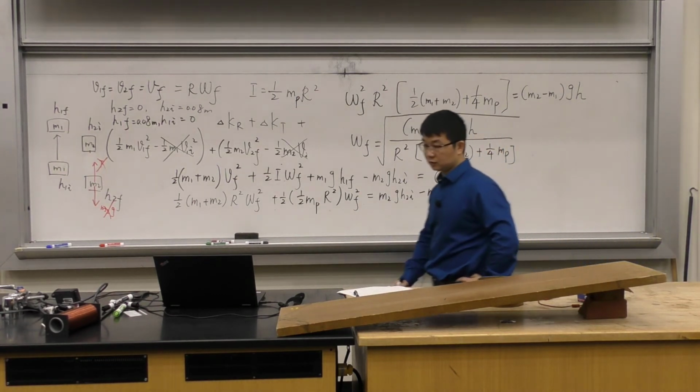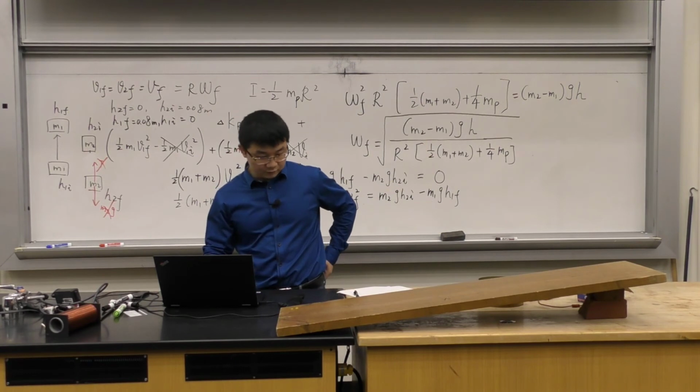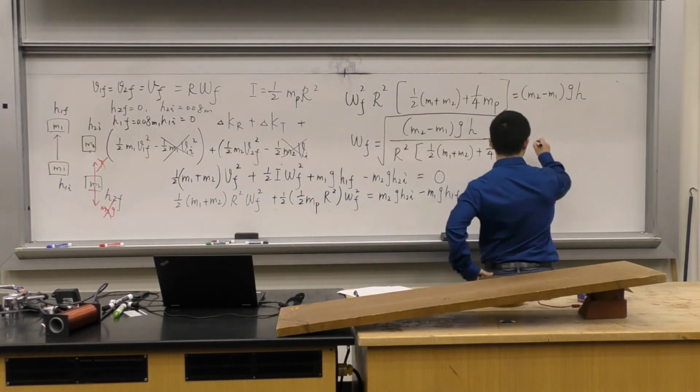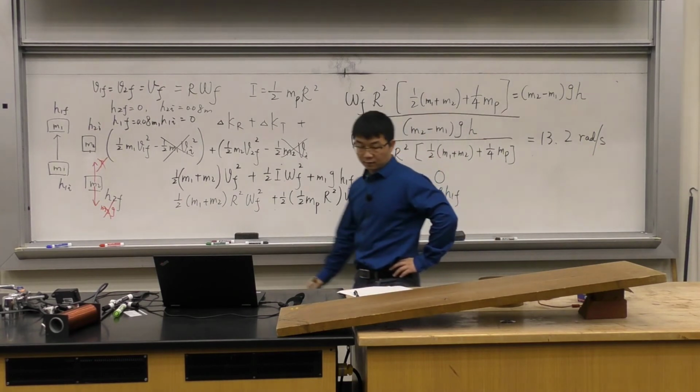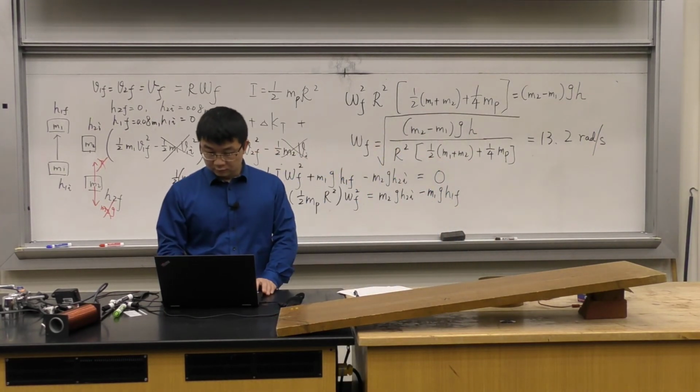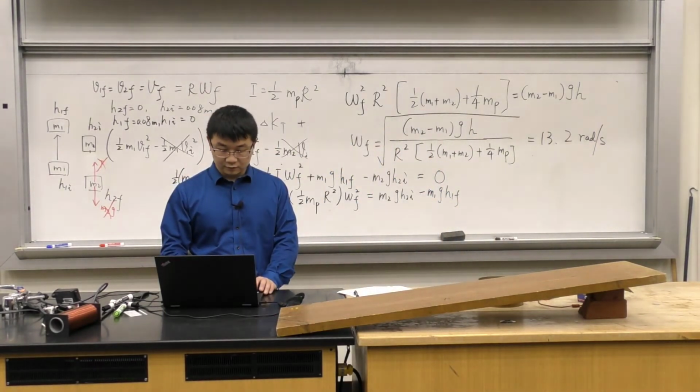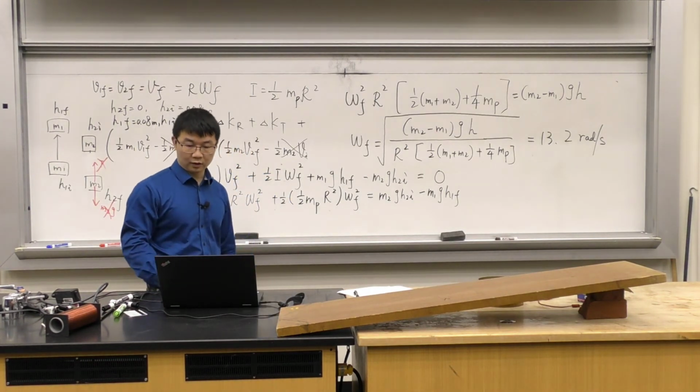Okay? And then now you're ready to plug all the numbers in, right? We already have all the numbers. So if you plug all the numbers in very carefully, okay, you will get this answer. Okay? So this is the answer.